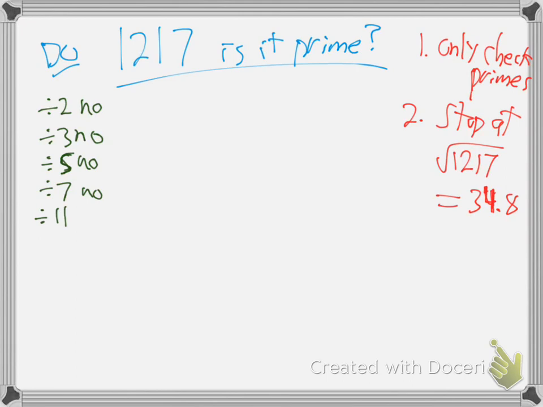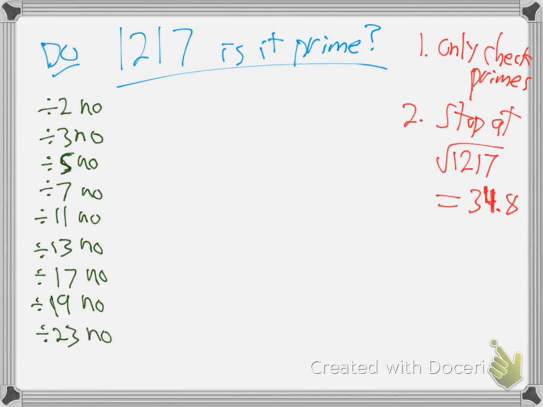11. No. 13. No. So I'm just looking for something that goes in. 15, don't need to check. 17. Oops. No. Divide by 19. 19's a no. 21, don't need to check. 23.